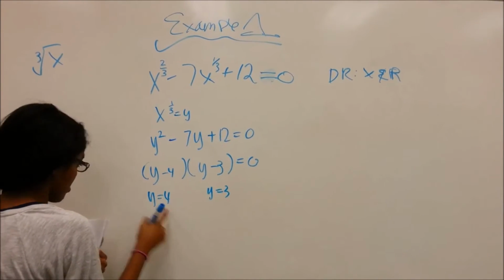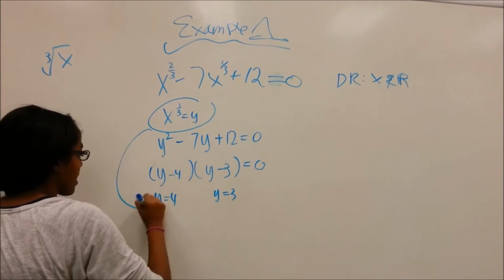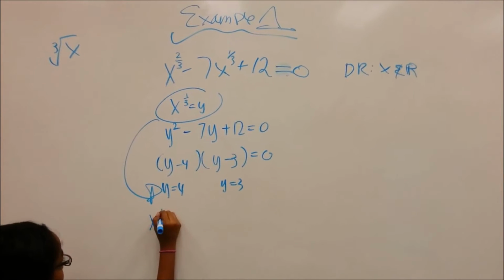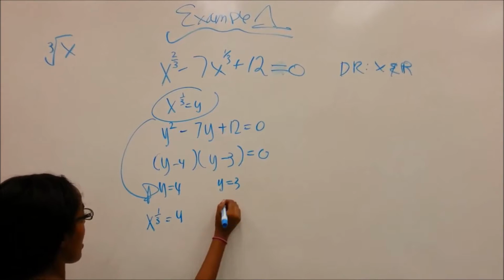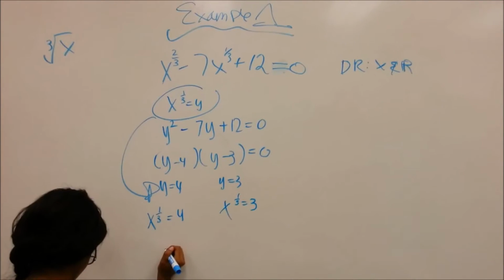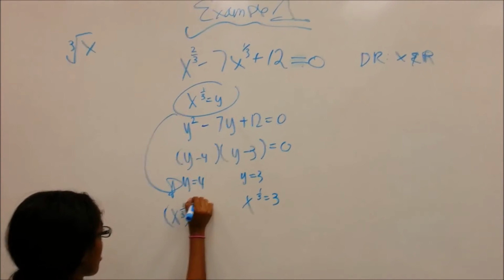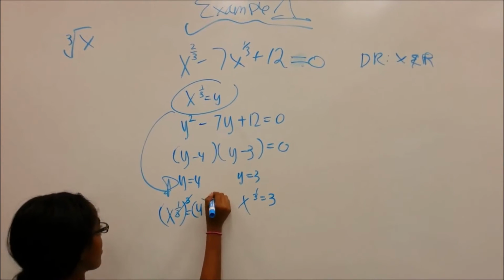But that is not the answer for this problem, because you have to go back to this equation and plug them in. So you have x to the 1/3 equals 4, and x to the 1/3 equals 3. What you have to do is power it to the 3rd to get rid of this 1/3, but you also have to do it to the other side.